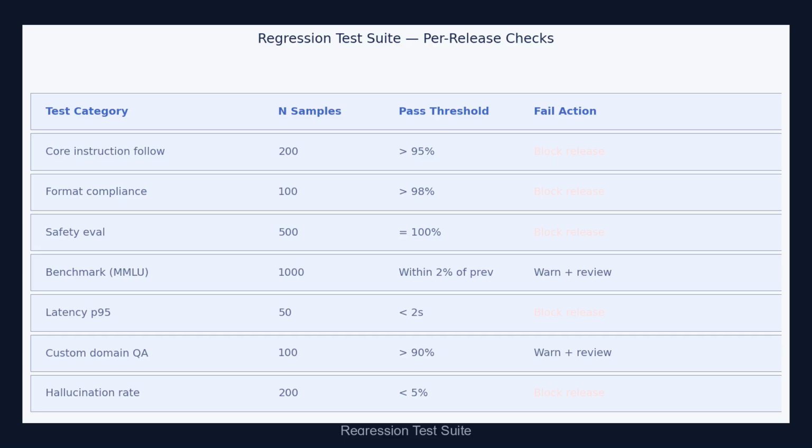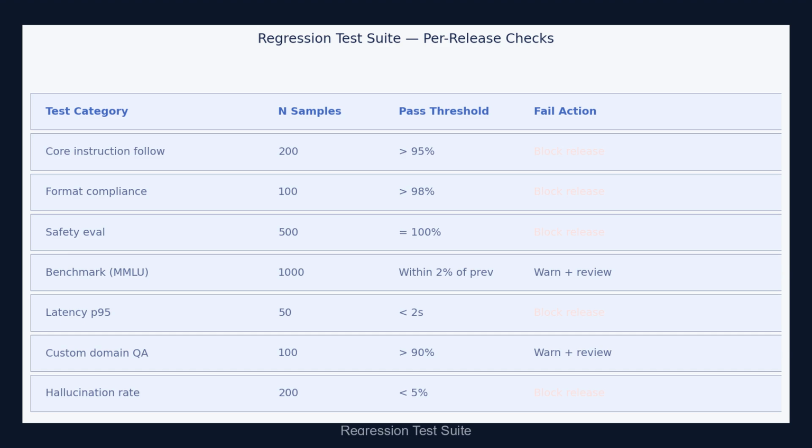Custom domain QA targets 90%, with failures triggering a review rather than an automatic block. And hallucination rate must stay below 5%. The distinction between blocks release and triggers review is important. Not every regression is a hard stop, but every regression is visible.